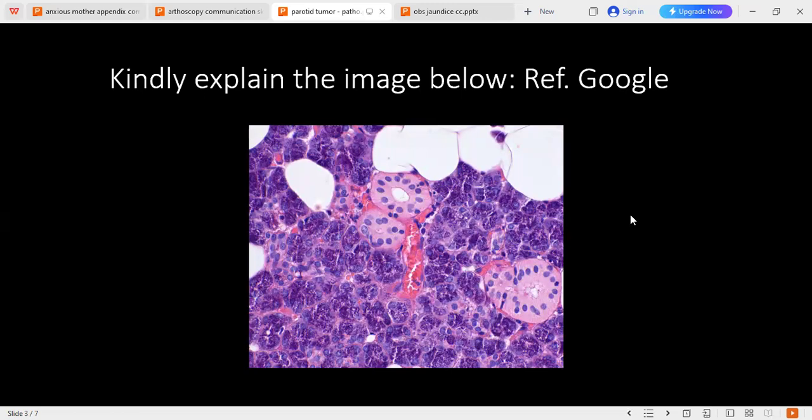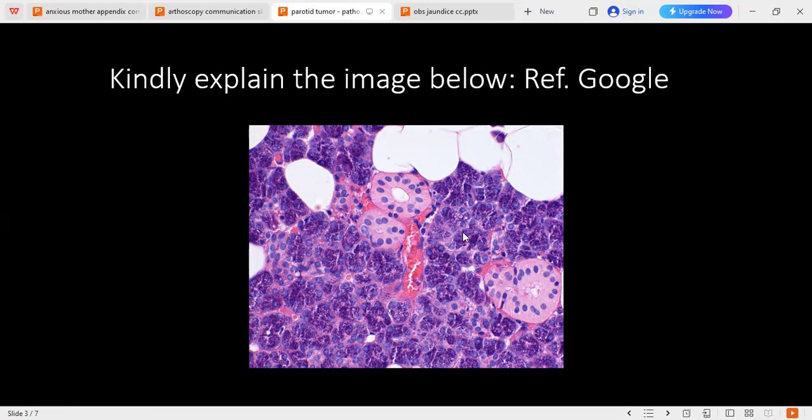Yes, this is hematoxylin and eosin stain showing, under the microscope, purple color around the pink. What are these? I think these are the ductal system and epithelial cells. So these are adipocytes.